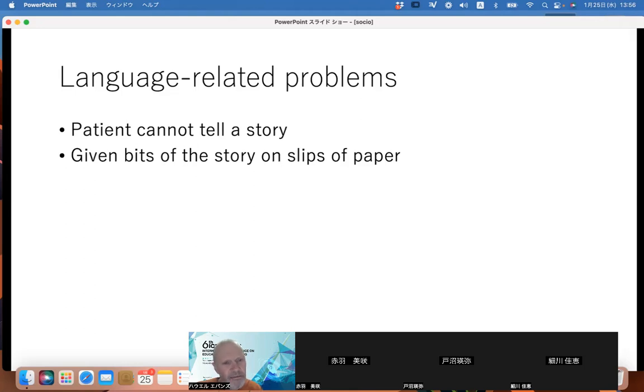They gave them bits of the story on slips of paper. They separate the story out, give them the bits, and then the person is able to put them into the order and then tell the story, right?